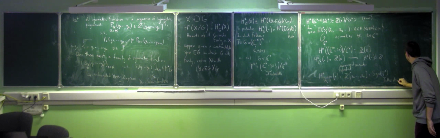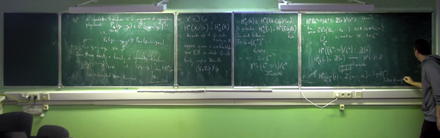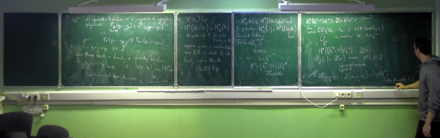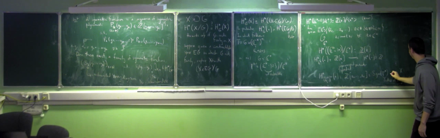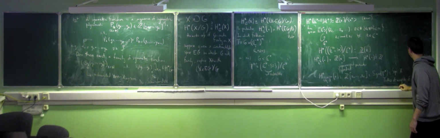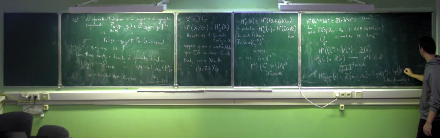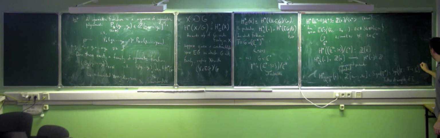This is my lattice of weights of T, which means in other words, the characters, the morphisms. So this is the set of characters, right? Chi goes from T to C star, group morphisms.